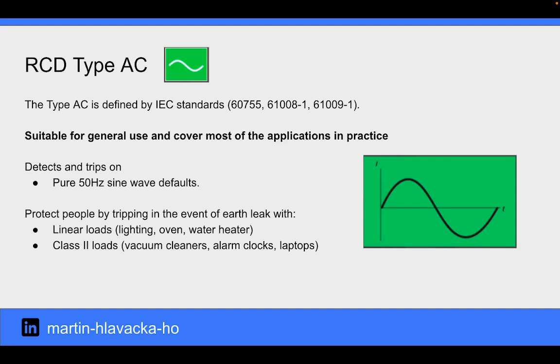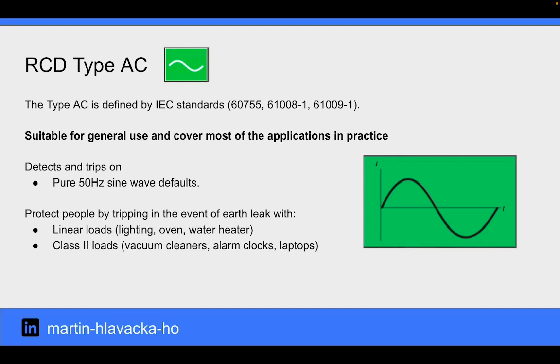Type AC is defined by IEC standards 60755, 61008-1, 61009-1. It is suitable for general use and covers most applications in practice. This type of RCD senses and trips with default values of 50 Hz pure sine wave.